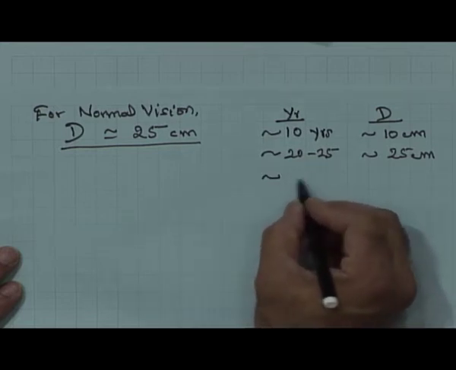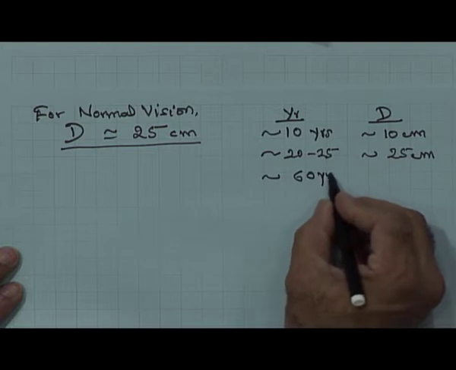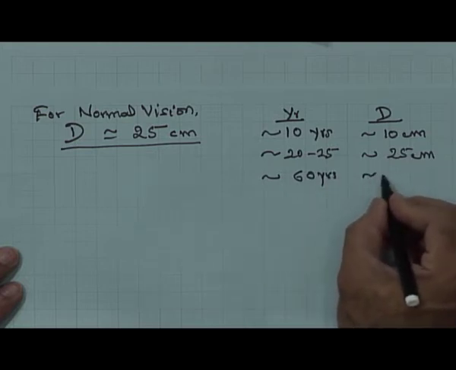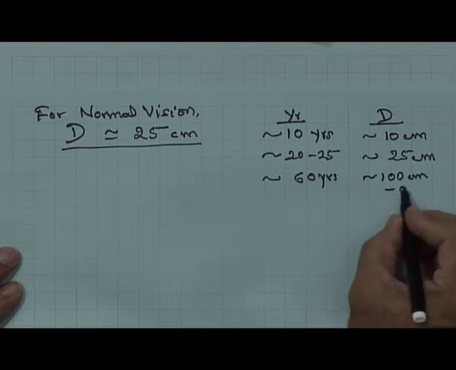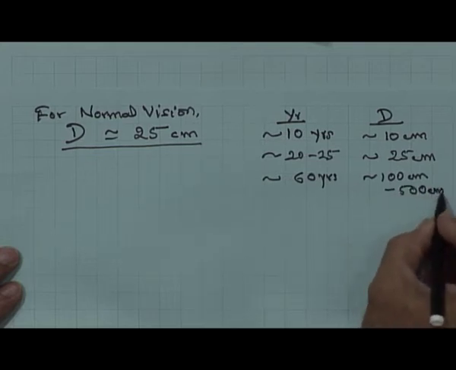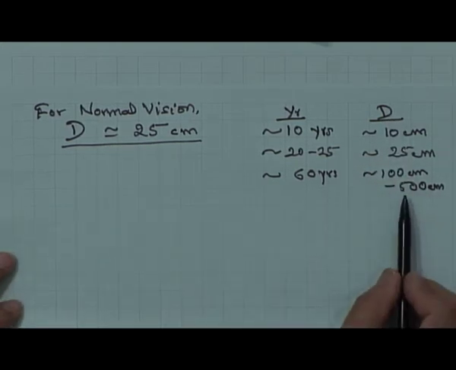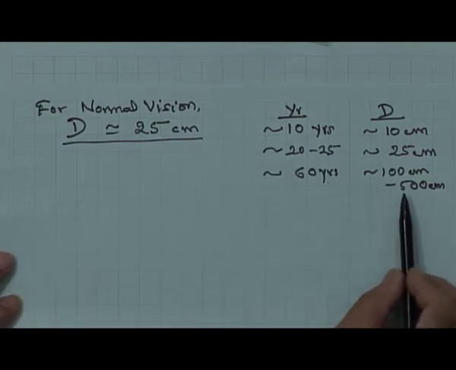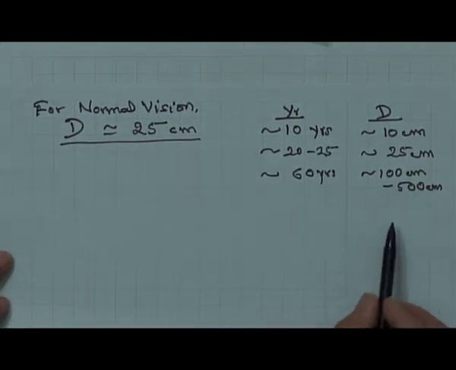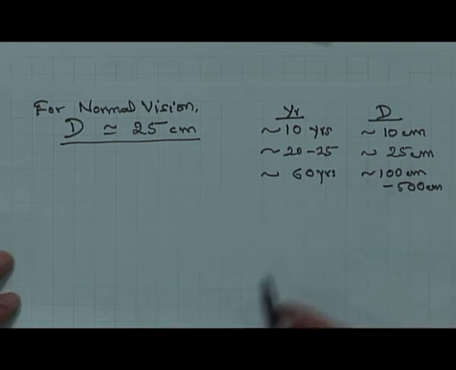For those in the range of about 60 years, D could be anywhere from 100 centimeters to 500 centimeters. D is the distance for clear vision, so objects which are closer to them are still visible, but they are not visible clearly. The fine features of the object will not be distinguished.